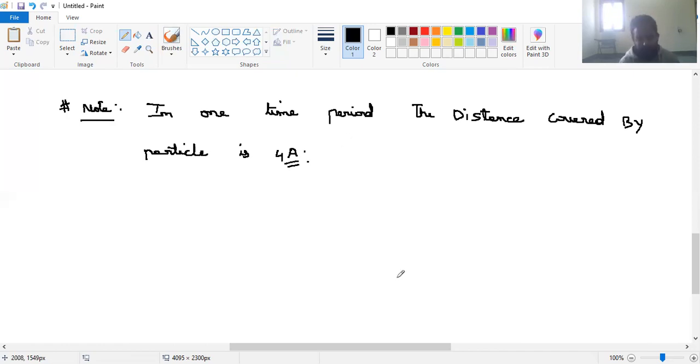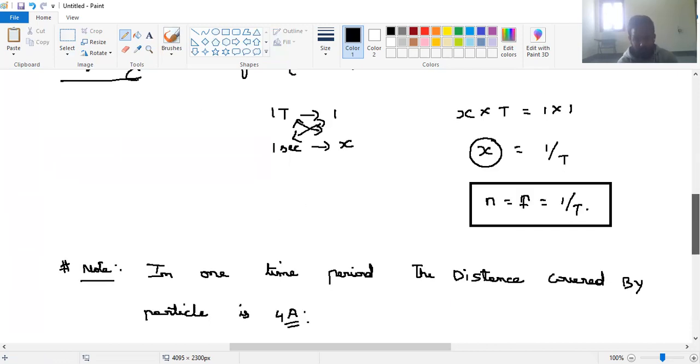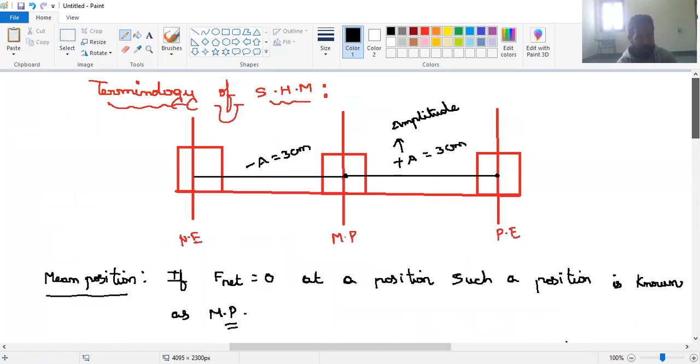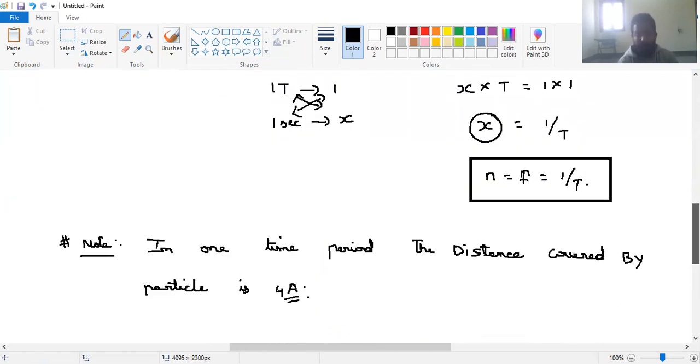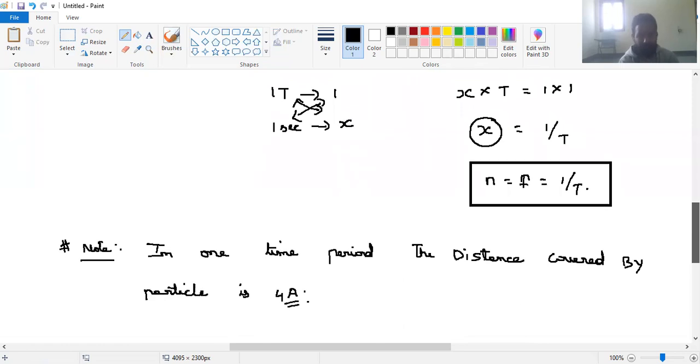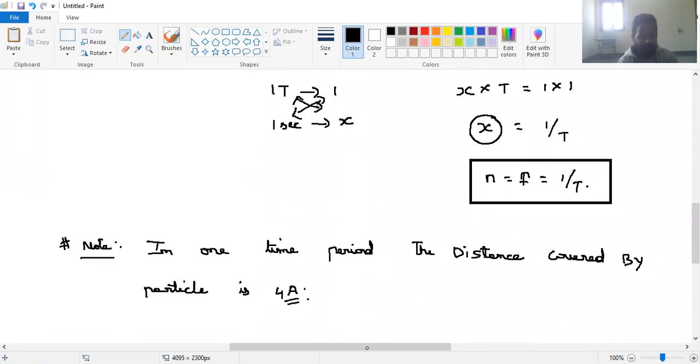Why? Because mean position to positive extreme is A, positive extreme to mean position is A, mean position to negative extreme is A, and negative extreme to mean position is A. So 4A, 4 times the amplitude. Very important point. Up to now we have talked about the terminology of SHM: mean position, amplitude, time period, frequency, and the distance covered by the particle in one time period.